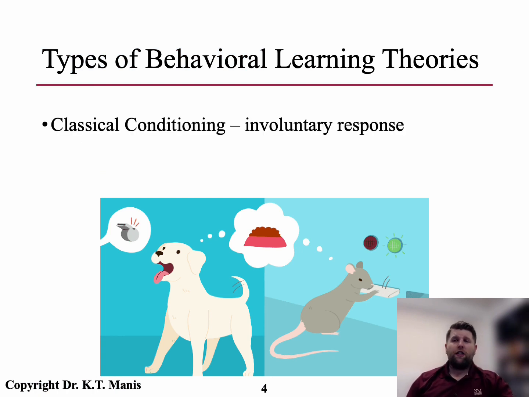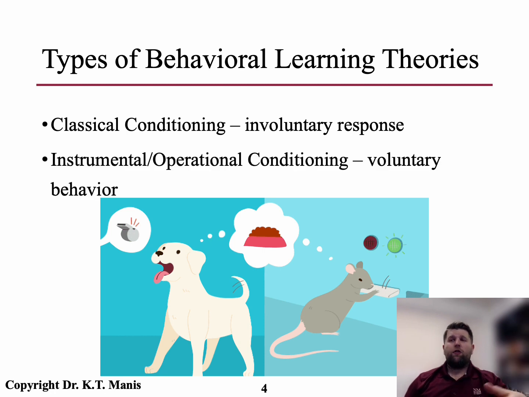So we have two types of behavioral learning theories. One is classical conditioning. This is that involuntary response I had mentioned about Pavlov and the dog. Well, there's also the instrumental or operant conditioning, and that's voluntary behavior. With operant conditioning, you have reward, punishment, and negative reinforcement, which I'll talk about in more detail.